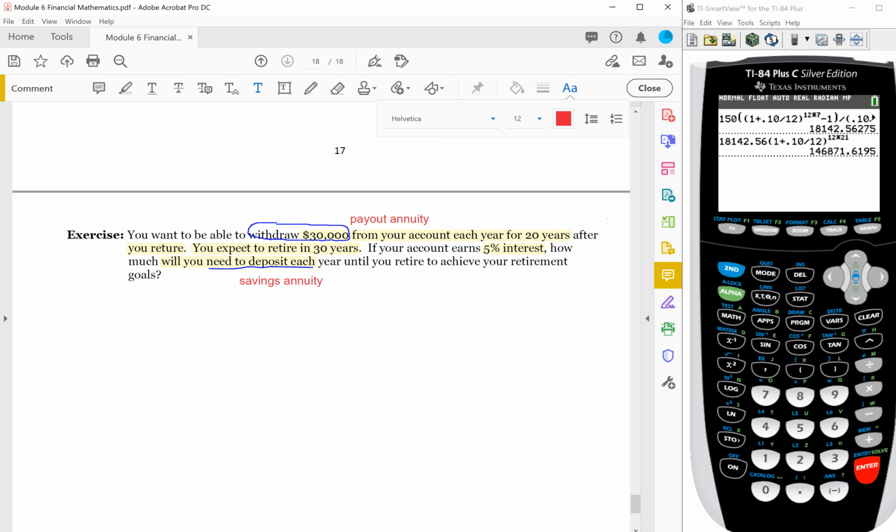Okay. So to approach this, to figure out how much you need to save, you actually need to know how much you need in your account first to be able to fund these $30,000 withdrawals.